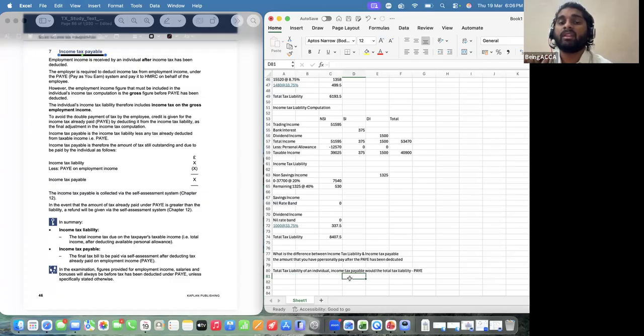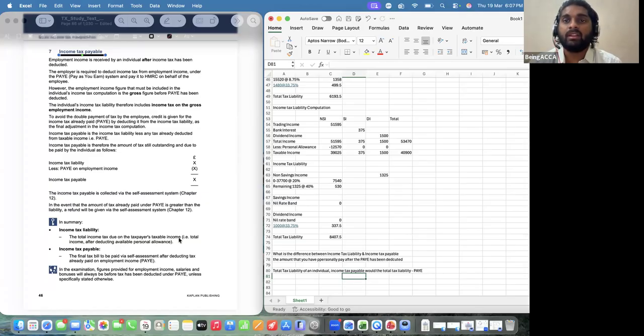In order to avoid that, your tax payable would be net of income tax liability and your PAYE, or pay as you earn. All right, hope this is clear. This is a very small topic. You just have to remember, whenever they ask for income tax payable, always remember to identify if any tax is being paid by the employer, which is to be deducted to get your income tax payable. Otherwise, it will be income tax liability.